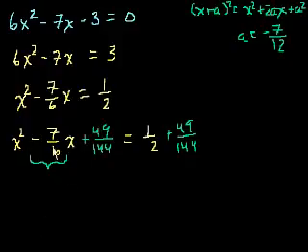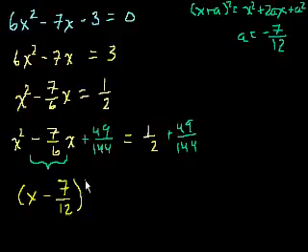And now how can I simplify this left-hand side? What's our next step? Well, we now know it is a perfect square. In fact, we know what a is. A is minus 7/12. And so we know that this left-hand side of this equation is x minus a, or x plus a, but a is a negative number. So x plus a, and a is negative, squared.